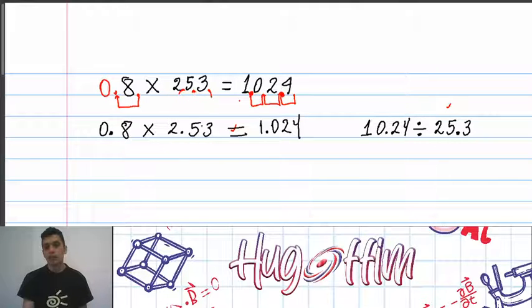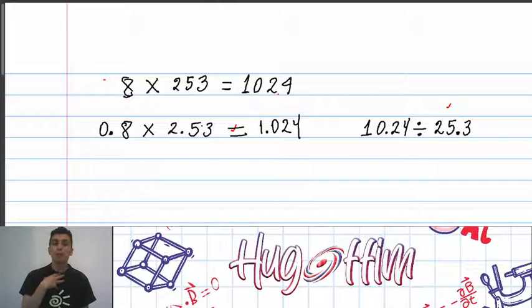Essentially we're going to have the same situation. Just look at that, we have the same numbers, and my proposal is for you to convert from this multiplication, convert the numbers.